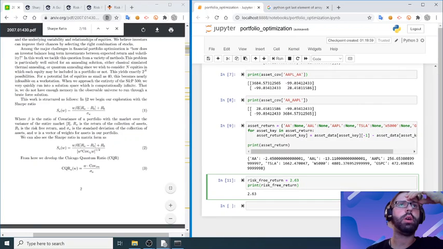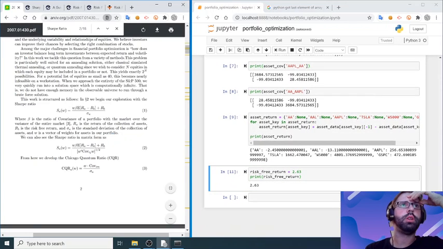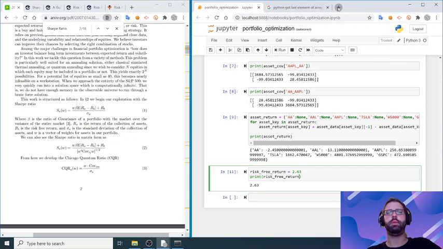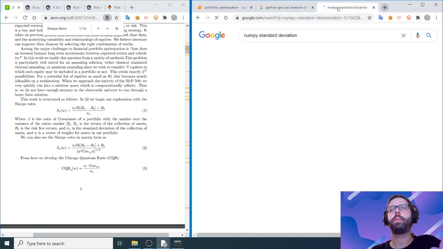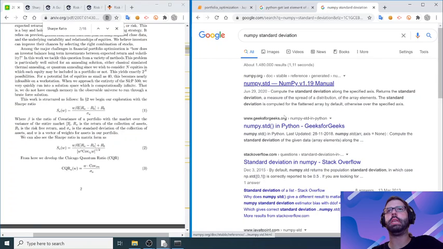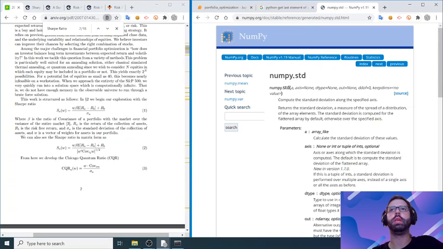Okay, and now the standard deviation. So what's a collection of assets? Standard deviation. NumPy standard deviation, STD. What do we give it? Specified axis.